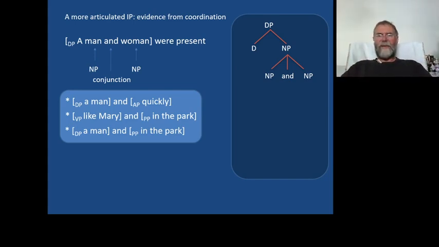And I think that's fairly understandable given the nature of what coordination is all about. As I said, it's taking two elements and making one element out of them. If you take two elements which are different, what's the nature of the thing that you create going to be? So what would you get if you coordinated a DP with a VP?